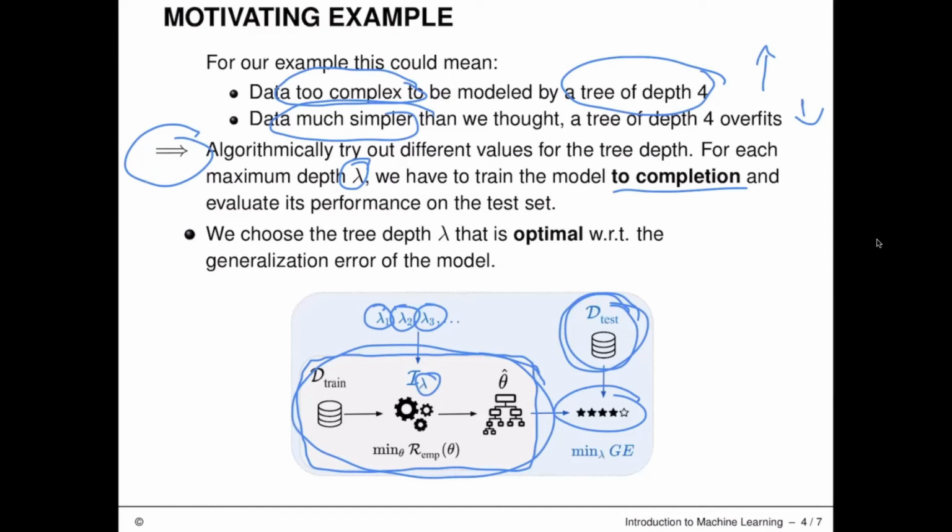And then we just take the argmin of those estimated generalization errors. So lambda hat or lambda star would be the argmin of all those G's with respect to lambda.